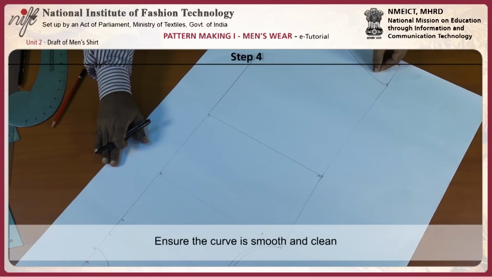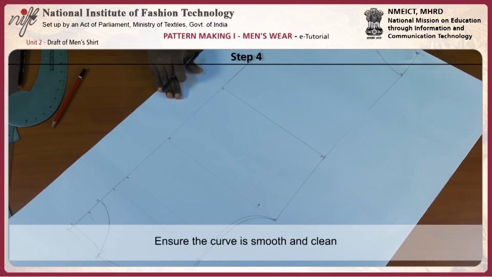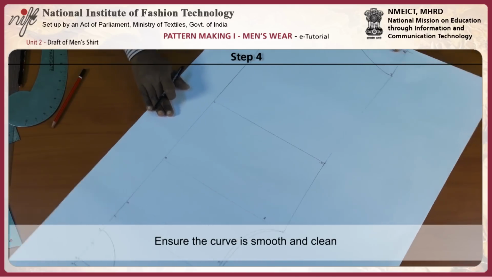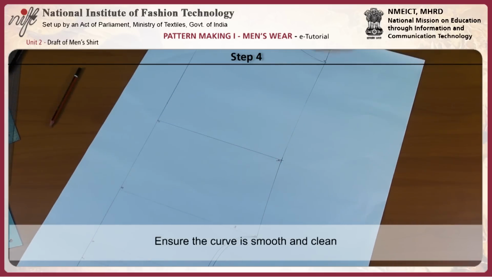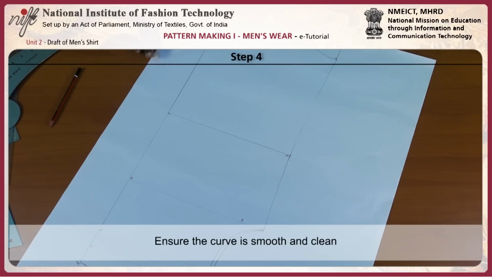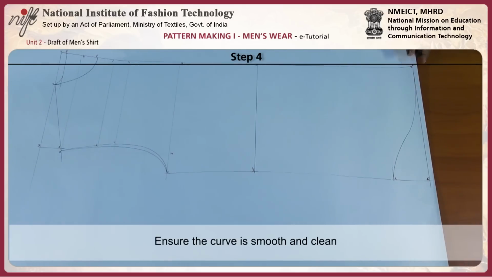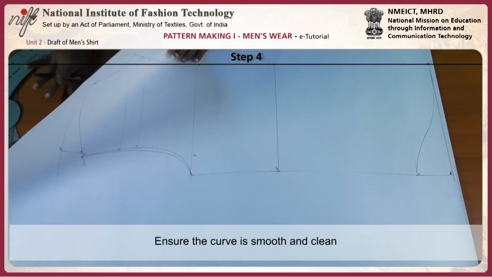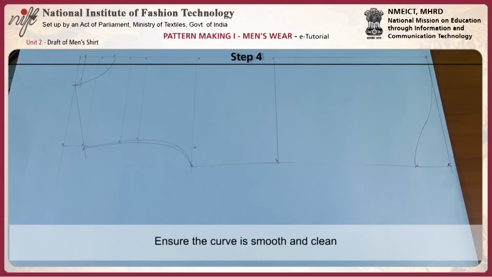The curve should be smooth and clean, and from R at least it should be 2 to 3 inches straight, or else you can have whatever desirable shape you prefer. With this, step 4 is complete.